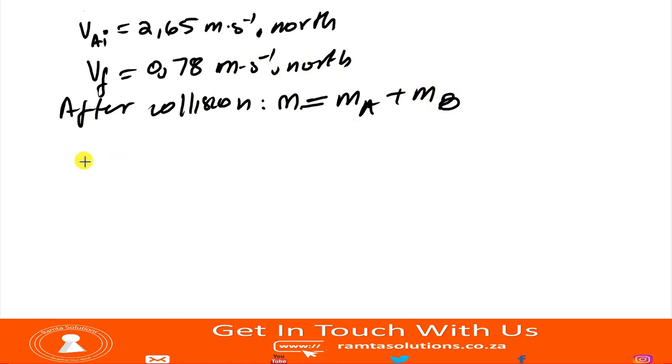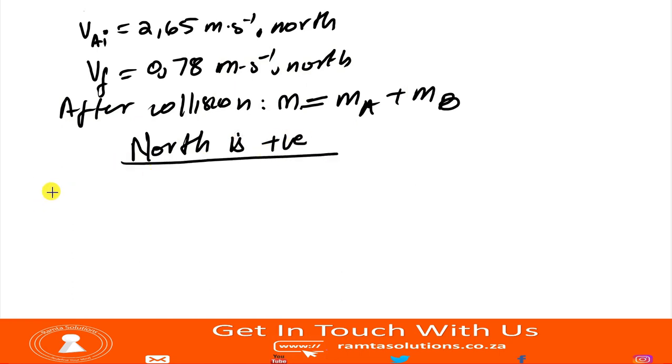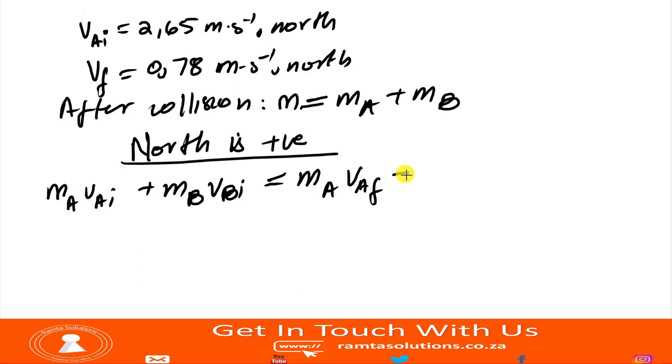To answer this question, first thing first, we will take north as positive. The formula: M A V A initial plus M B V B initial is equal to M A V A final plus M B V B final.